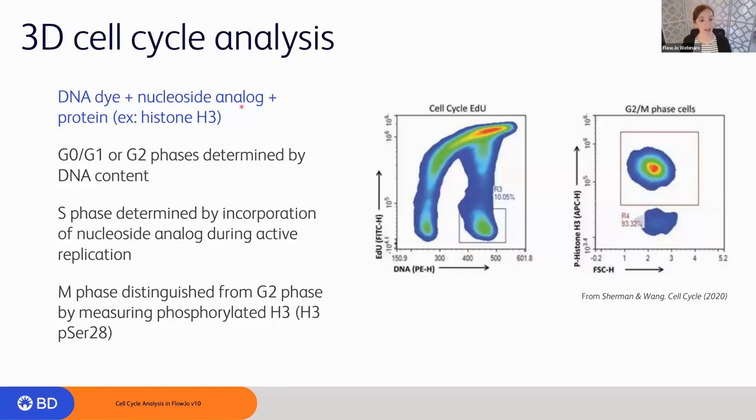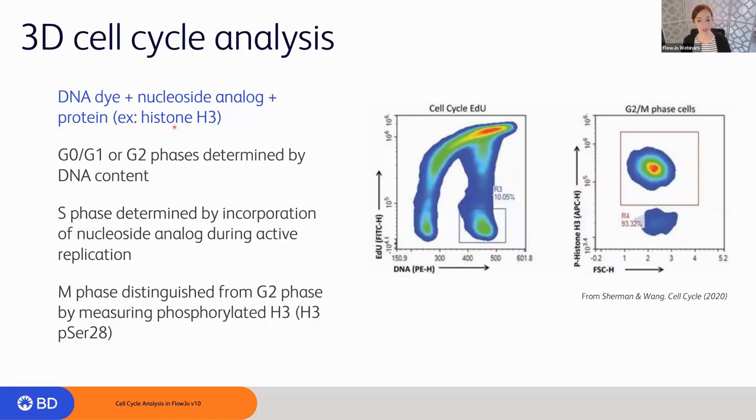In this model, we have still the DNA dye. We have still the nucleoside analog, but now we add on some kind of a protein. Right here, I listed histone 3 because it's a popular example, but there can be other examples as well, like Ki67 or cyclin, depending which phase of the cell cycle you have an interest in understanding or measuring.